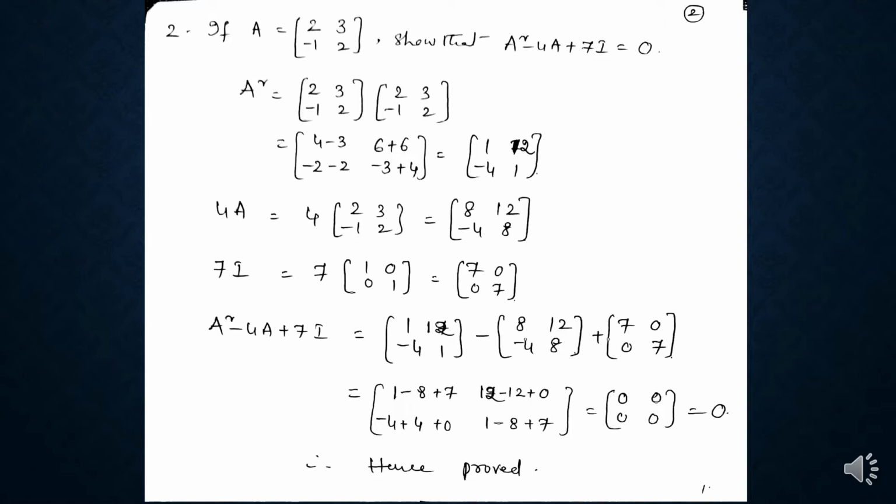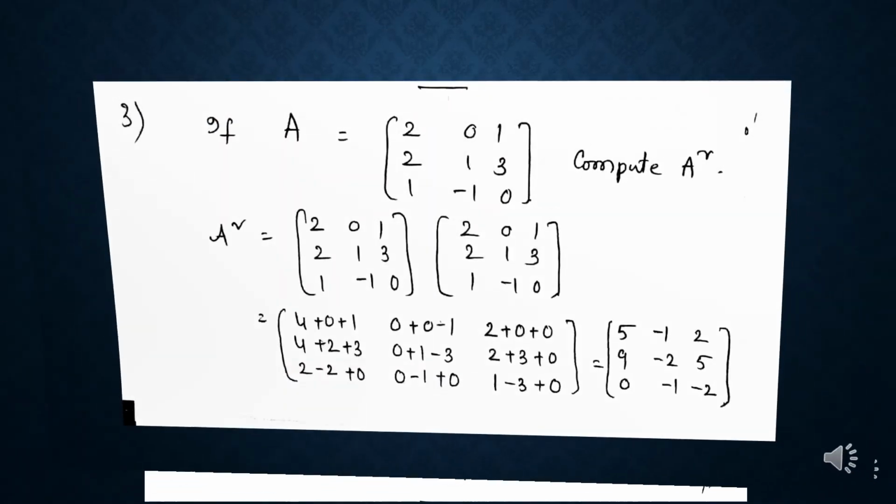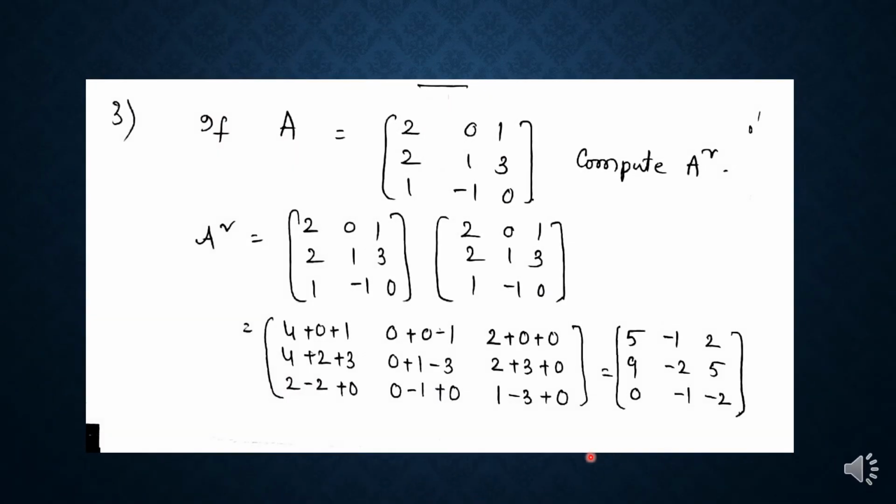Next, if A is equal to [[2, 0, 1], [2, 1, 3], [1, -1, 0]], so this is a 3 by 3 matrix, 3 rows and 3 columns. Compute A square, so we have to find the value of A square.